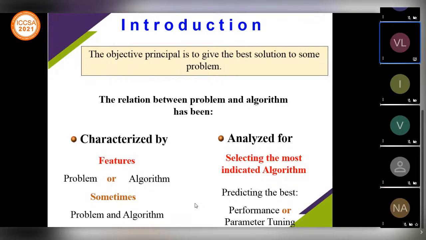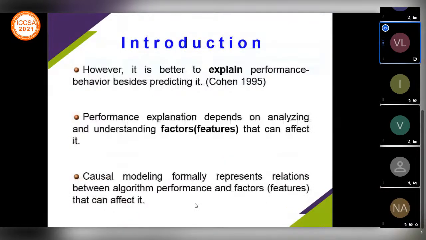However, it is better to explain performance behavior besides predicting it. Performance explanation depends on analyzing and understanding factors or features that can affect it. Causal modeling formally represents relations between algorithm performance and factors or features that can affect it.